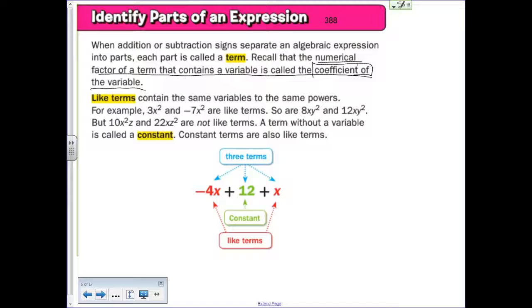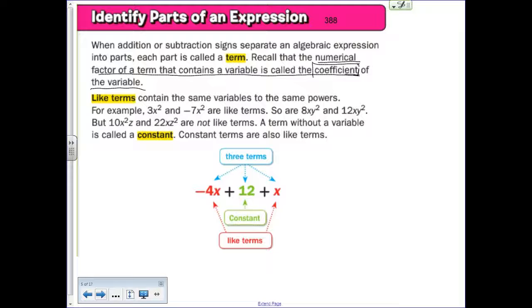Sorry, I only meant to box in coefficient. That's the definition of coefficient, the numerical factor of an algebraic expression that contains a variable. So the number that's being multiplied by the variable is what a coefficient is.